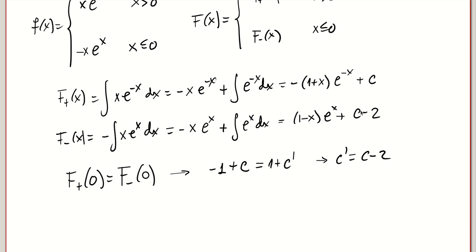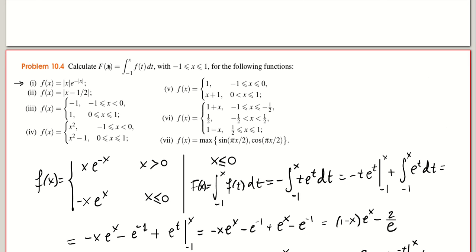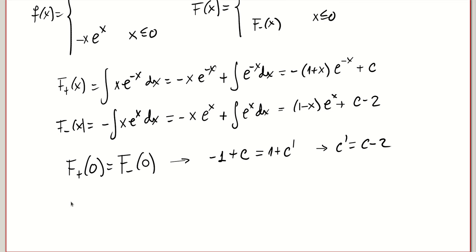So, but what is this constant? Okay, how do you determine this constant? What else do we know about the function capital F? Well, we know something. We know that if we substitute x by minus 1, then we have the integral from minus 1 to minus 1, and that integral is 0. So we know this particular value of this function. So if we substitute at minus 1, we should get 0. Okay, we will apply this here and take the function at minus 1, right? So F of minus 1. Of course, this is negative, therefore we have to substitute this function, right?